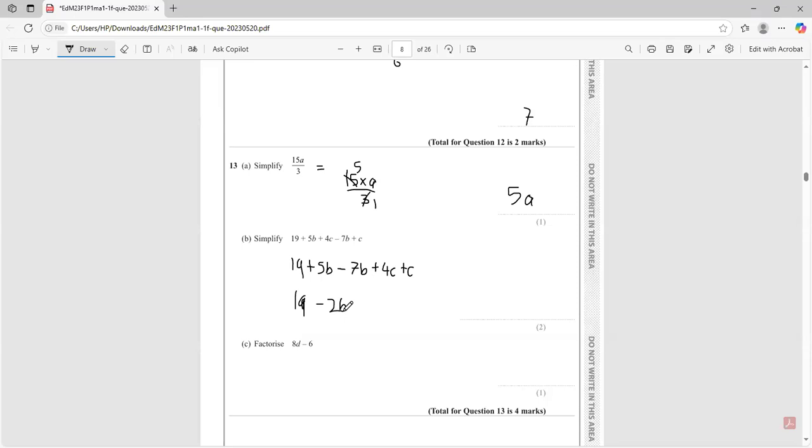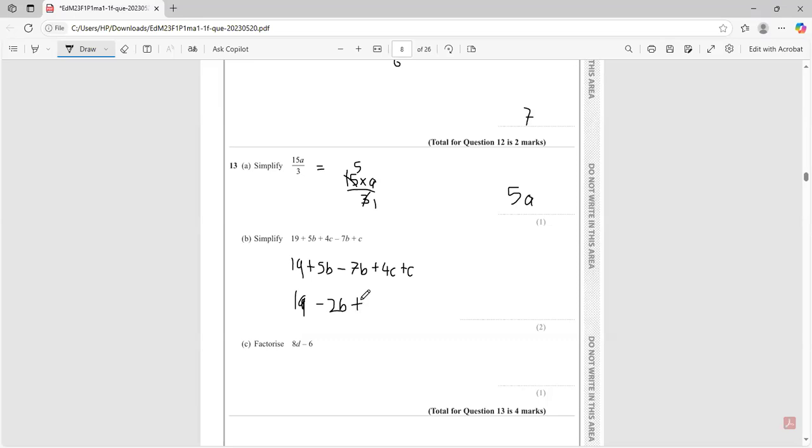You can remember the rule: when one number is positive and the other is negative, the answer takes the sign of the bigger number. 7 is bigger than 5, so the answer picks the sign on 7. Now over to 4c plus c. What would the answer be? 5c.